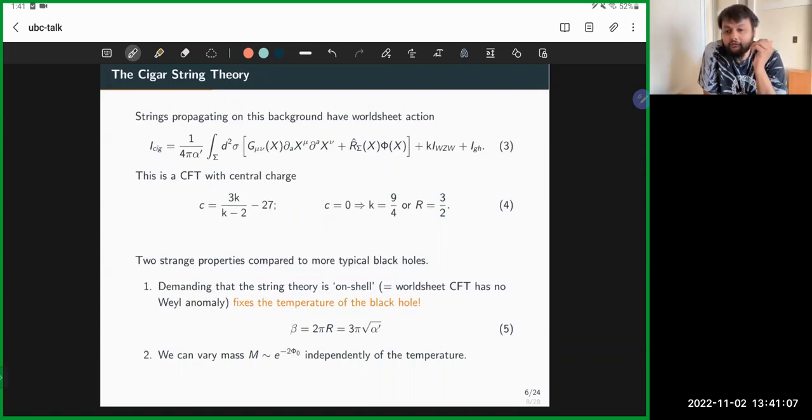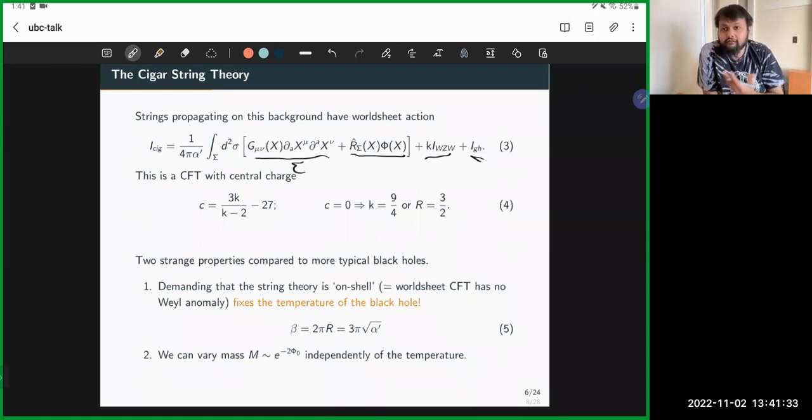Physics is that we are looking at a system of strings propagating on this geometry. The worldsheet action has a sigma model term, has a dilaton term, R phi, as usual, and has a Wess-Zumino-Witten term. The Wess-Zumino-Witten term ensures that it's a CFT for all k, and it has a ghost term.